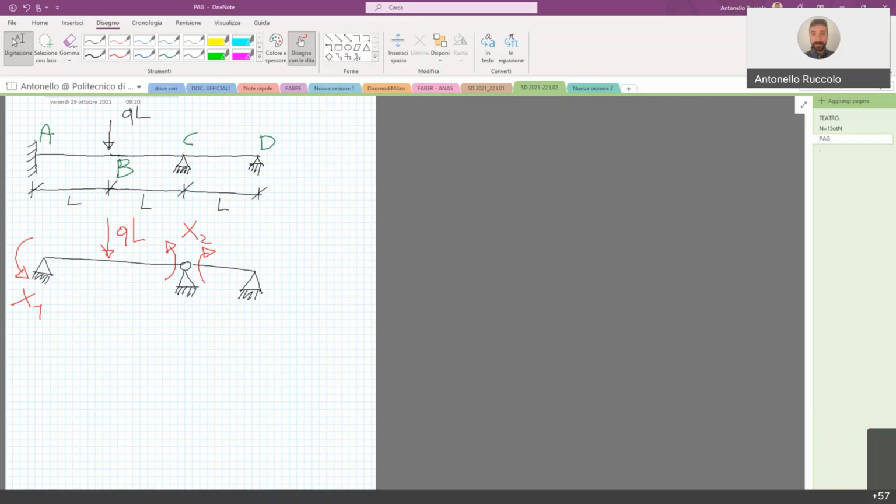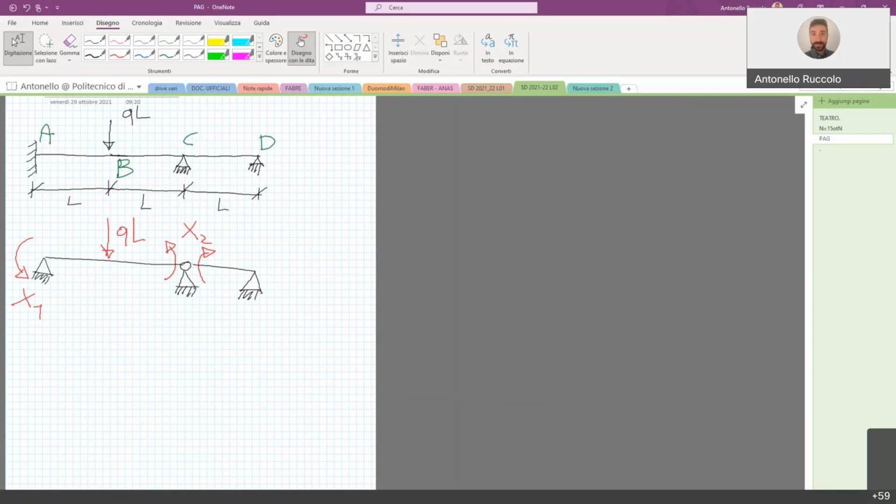If we have a statically redundant structure, we cannot solve it using only equilibrium equations. This was explained during the last lecture, because if we exploit equilibrium equations, we can find only a number of unknowns, which are the external forces, equal to the number of equilibrium equations we can write for the structure.